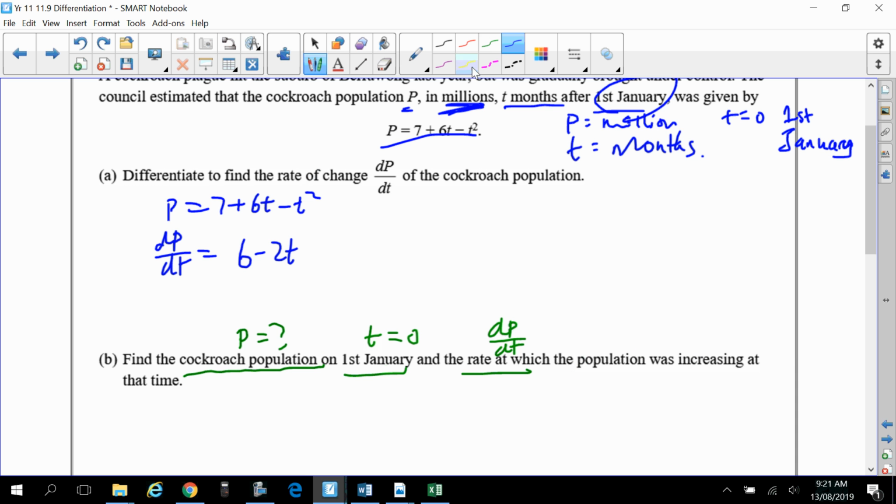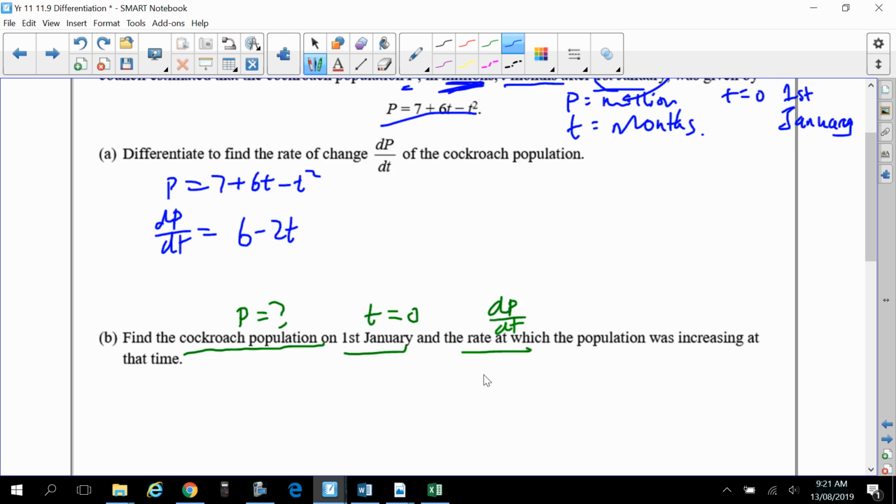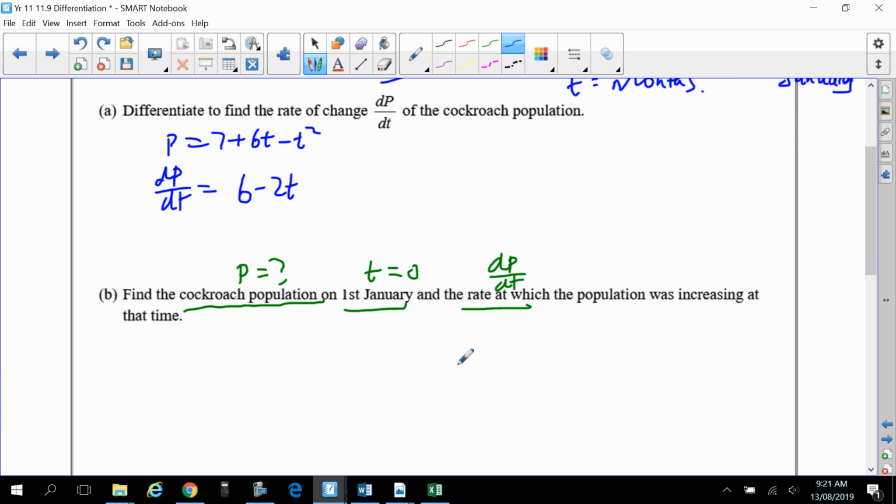So we have to do two things. Again, read the question, highlight or underline, whatever you do. So P equals 7 plus 6t minus t squared, and dP/dt equals 6 minus 2t.